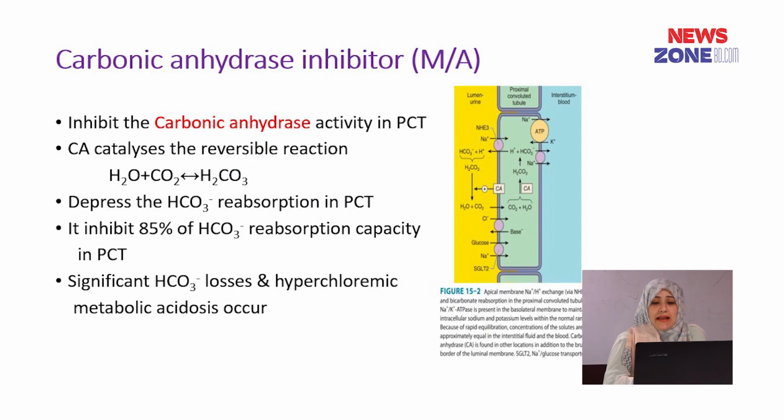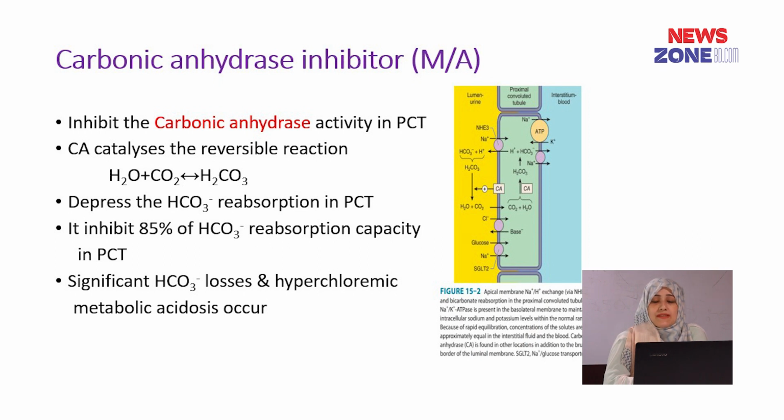What are the carbonic anhydrase inhibitors and how do they act? Carbonic anhydrase inhibitors are acetazolamide, dorzolamide, methazolamide, etc. They act by inhibiting the carbonic anhydrase enzyme activity in the proximal convoluted tubule of the nephron, and carbonic anhydrase catalyzes the reversible reaction of water and carbon dioxide.